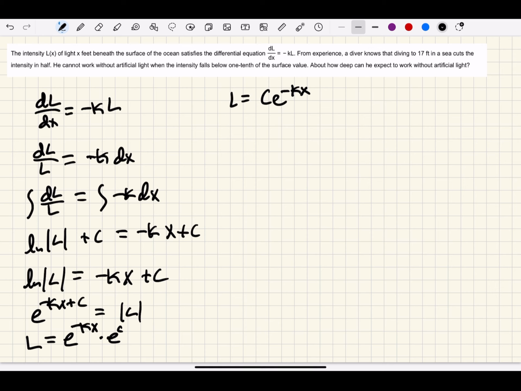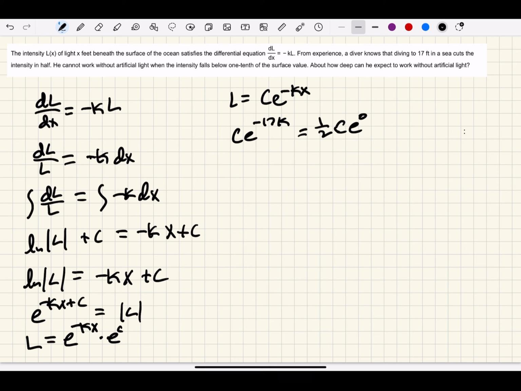Using the relationship that we're given, that at 17 feet below the surface, the intensity of the light is cut in half, we can write c times e raised to the minus 17k equal to 1/2 c e to the 0.